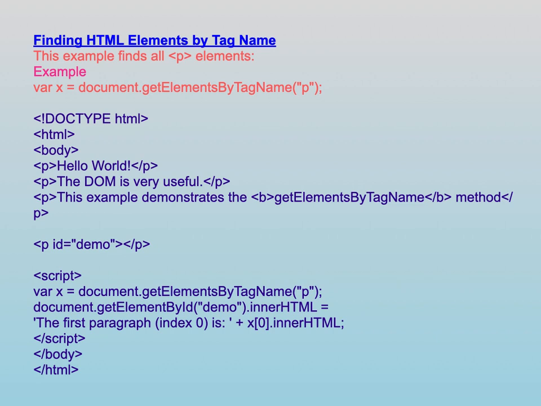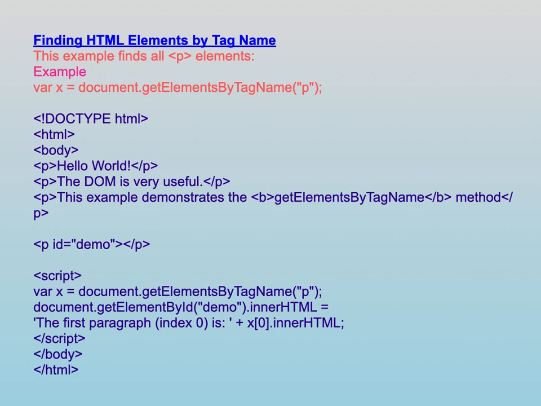In our program, we have specified the doctype as HTML. Following the doctype, we have an HTML element, then the body element, then three different paragraph elements are set. The fourth paragraph tag is set with an ID value equal to demo. We will see how it works.